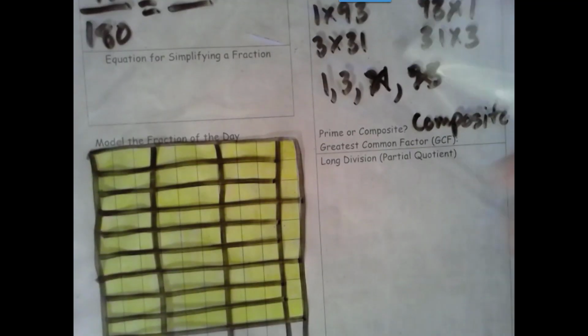All right, I have no remainders, so we found our greatest common factor, which is 3.